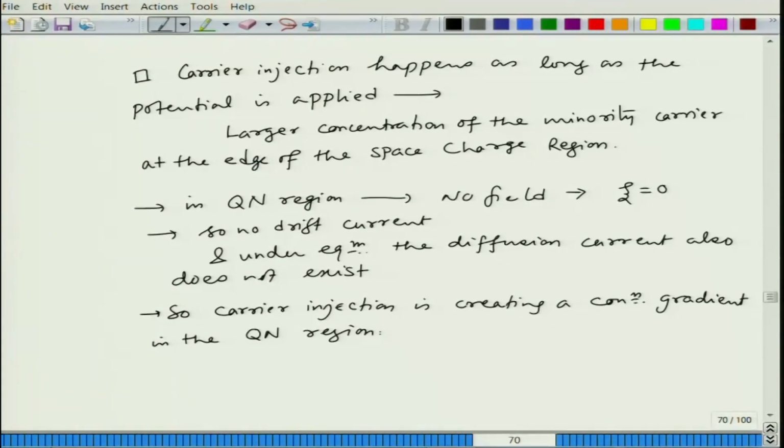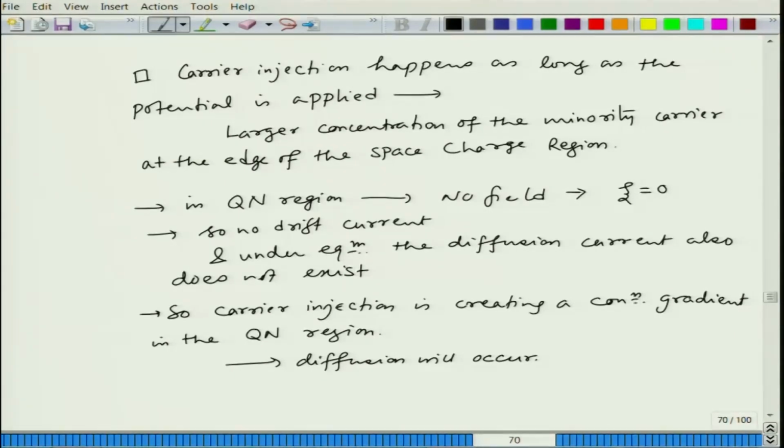That means diffusion will occur. Let us first try to understand this qualitatively, how this carrier injection is going to affect the currents.